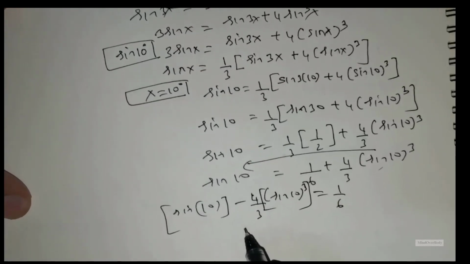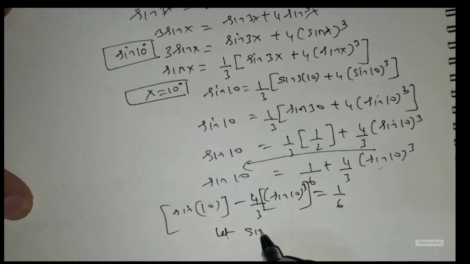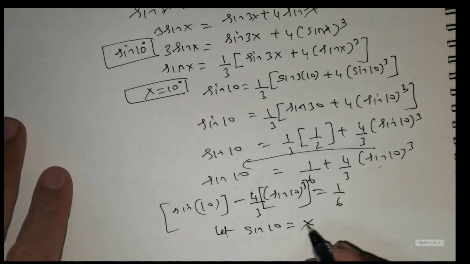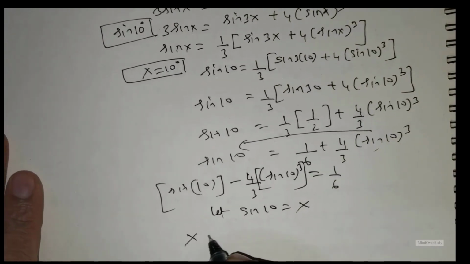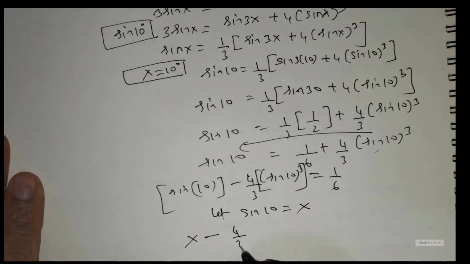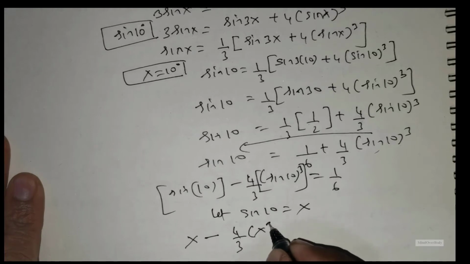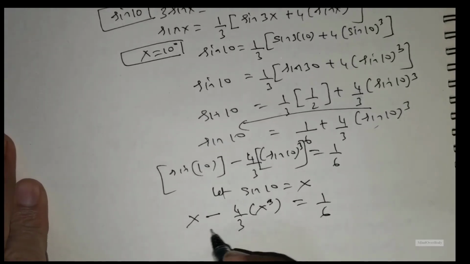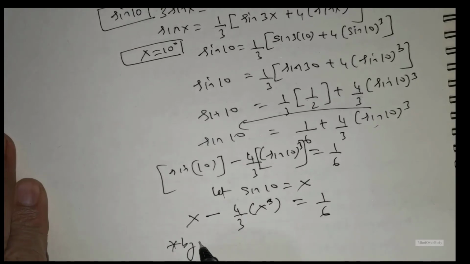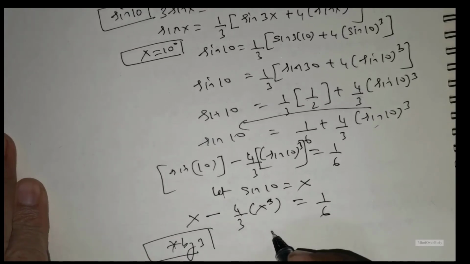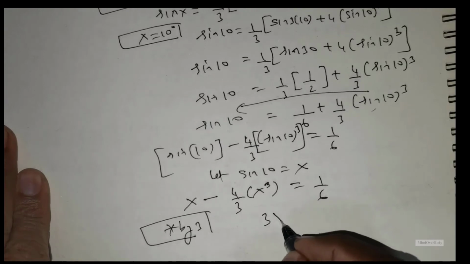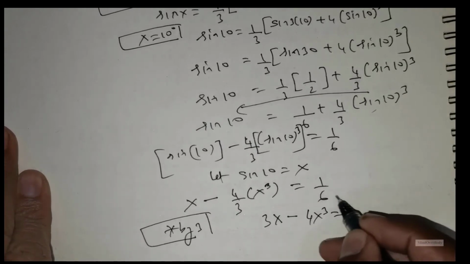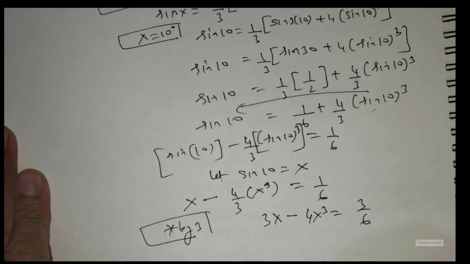Okay, now let me take sin 10 to be equal to x. Now if sin 10 is equal to x, then I would have x negative 4 over 3 times x cubed is equal to 1 over 6. So multiplying by 3, we get 3 times x negative 4x cubed is equal to 3 over 6.